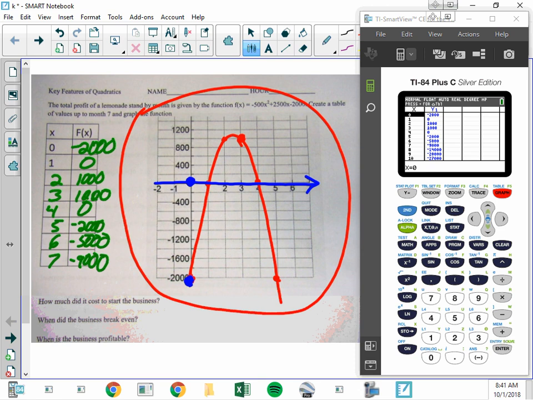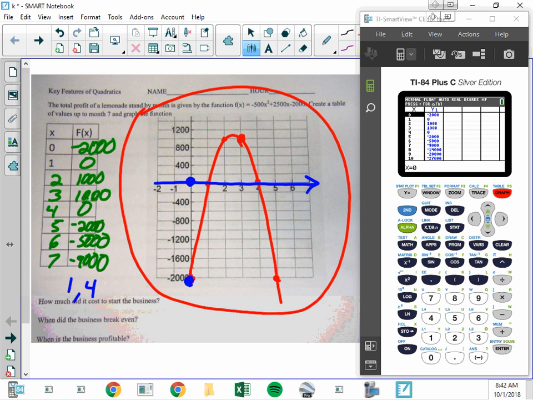Okay? And what are the particular values? So when is the business profitable? Here, month 2 and month 3, there's a little bit more than that. Between 1 and 4. And do you guys know how to do interval notation? So we're going to say 1 comma 4.